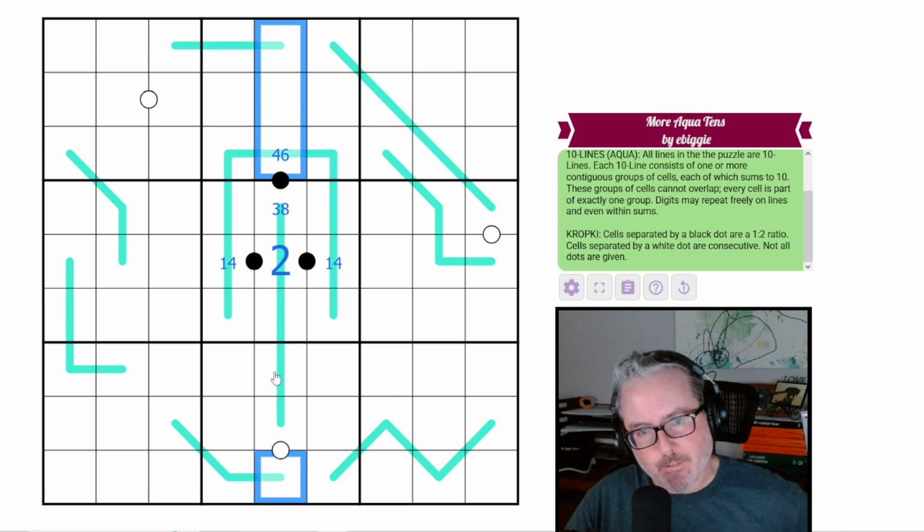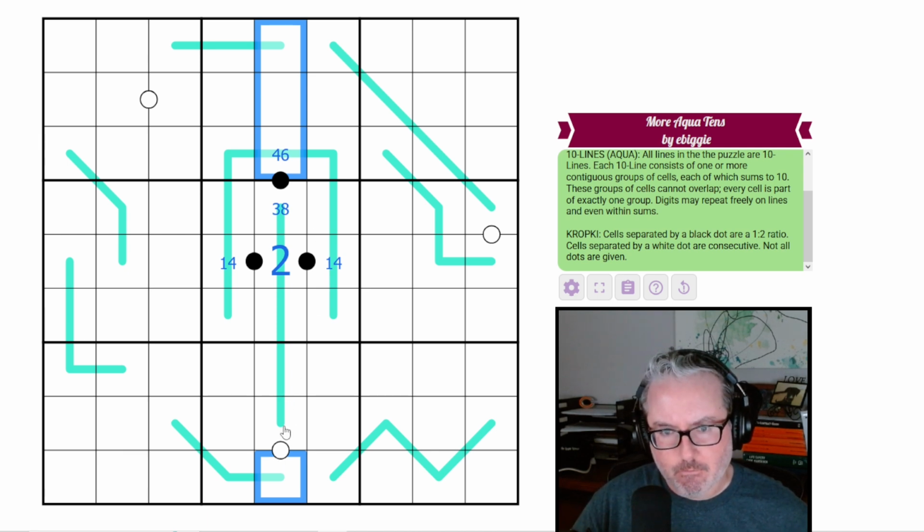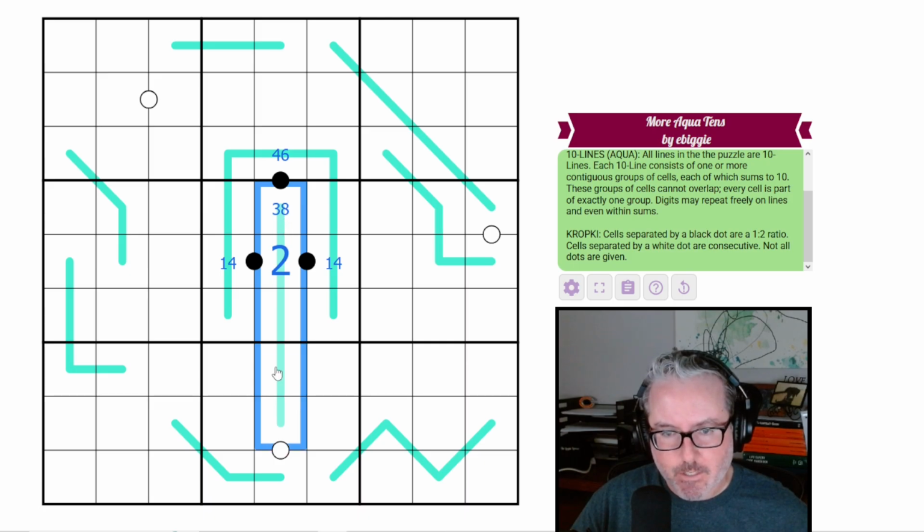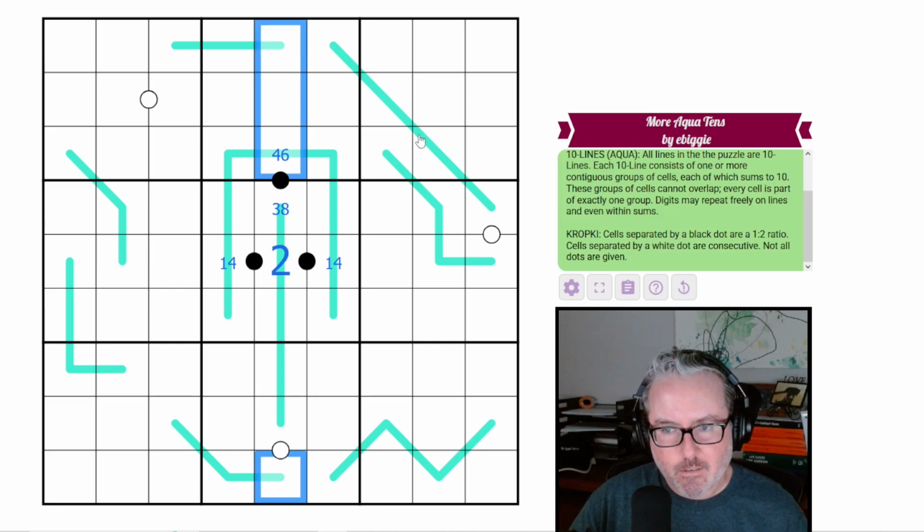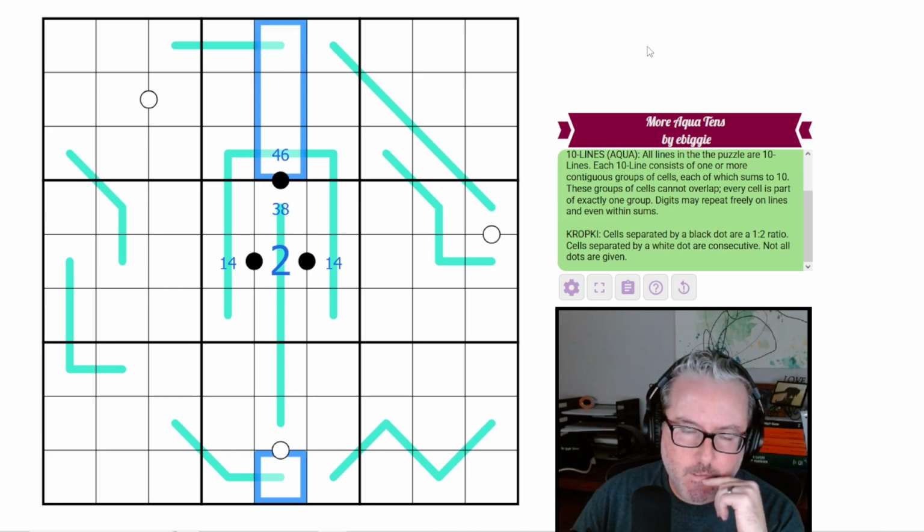I'm wondering if there is some way to really think this through, where we know there's going to be some combination of digits here, but we don't really know what those are, so it's kind of hard to really say what these are. These have to add to 25.